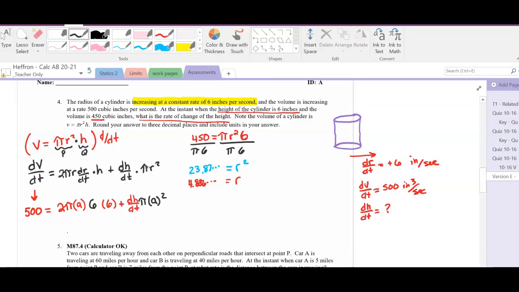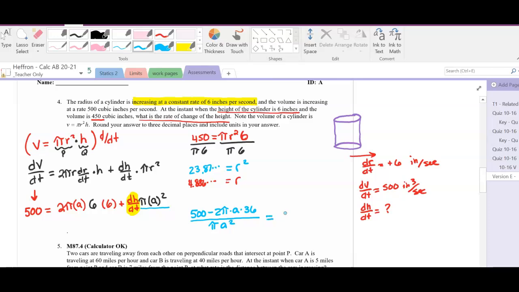Well, in order to solve the one thing that I've just highlighted, dh/dt, the first thing I'll do is subtract. So I've got 500 minus 2 pi times A, the radius, times 6 times 6, I'll just say that's 36. And then I will divide by the pi and the A squared.